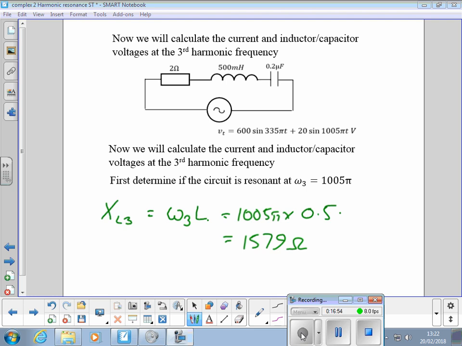Normally I would advocate leaving it as a number times pi, but in this case I want to see how close the actual two values are to each other.